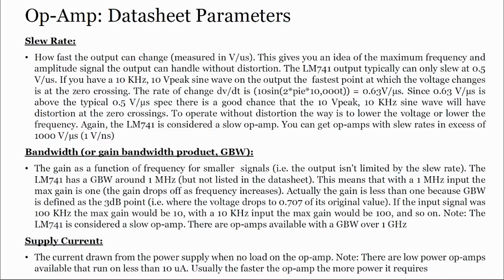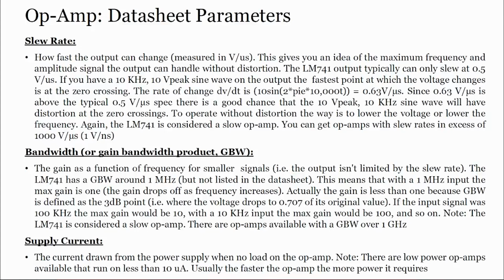The rate of change is dV by dt. So, 10 sin(2π × 10,000 t) gives 0.63 volts per microsecond. Since 0.63 volts per microsecond is above 0.5, there is a good chance that the 10 volt peak, 10 kilohertz sine wave will have distortion at zero crossing.